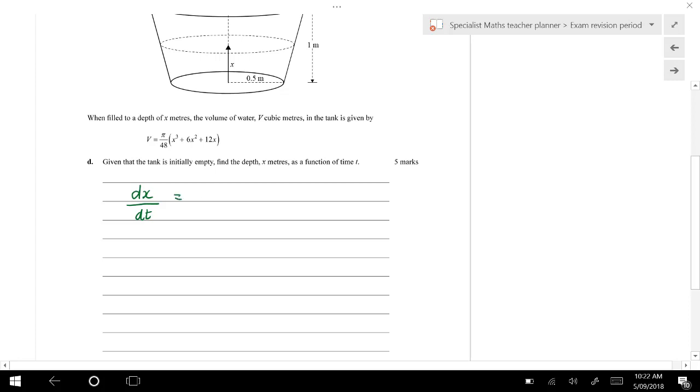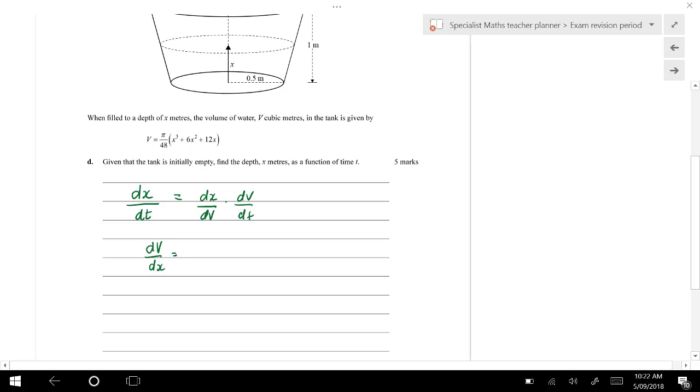Let's use our related rates again. That's dx dv times dv dt. And let's work out what dv dx is.